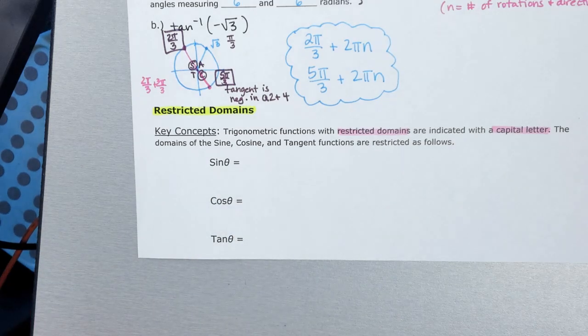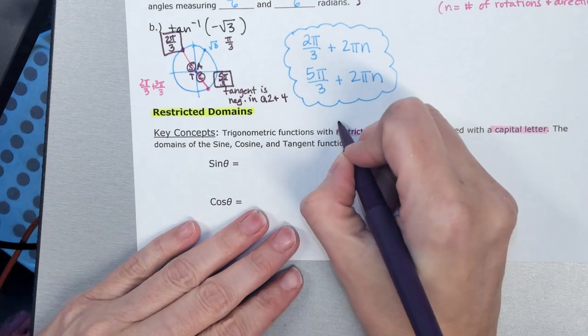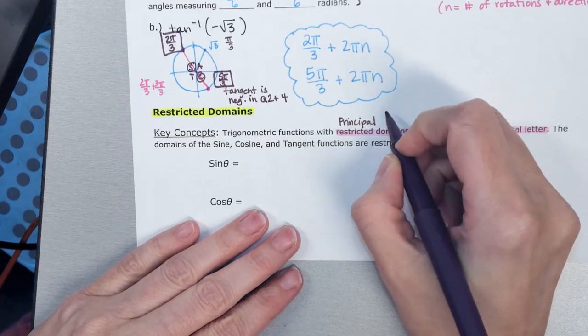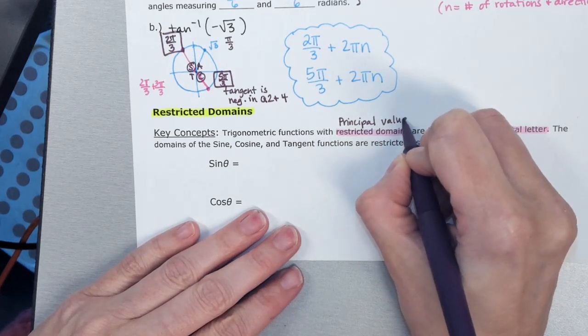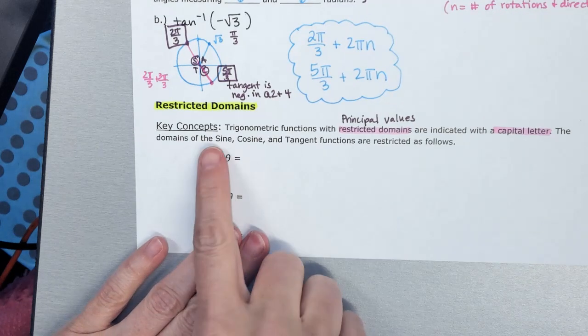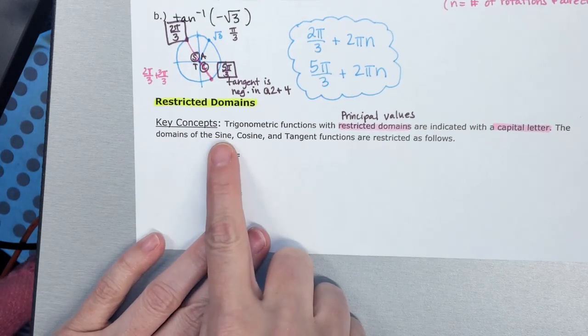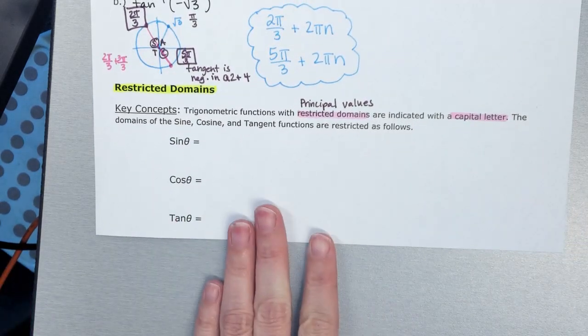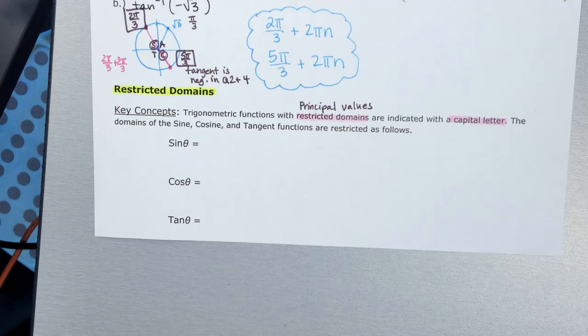Okay, that's how we differentiate them. These are also called principal values. Okay, these are the principal values that we're going to be finding. Those are going to be denoted with a capital letter for sine, cosine, and tangent. And they're restricted as follows.